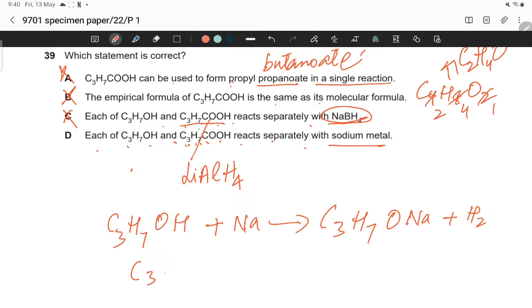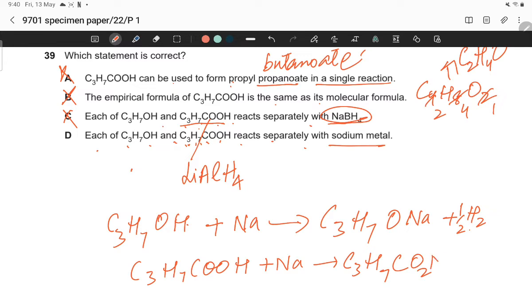Similarly, C3H7COOH plus sodium also forms C3H7CO2Na plus H2. So this option is the correct option.